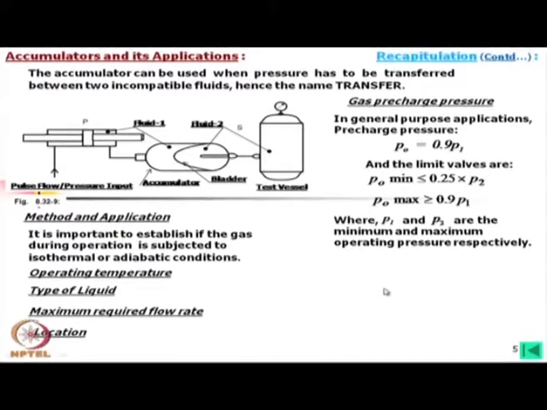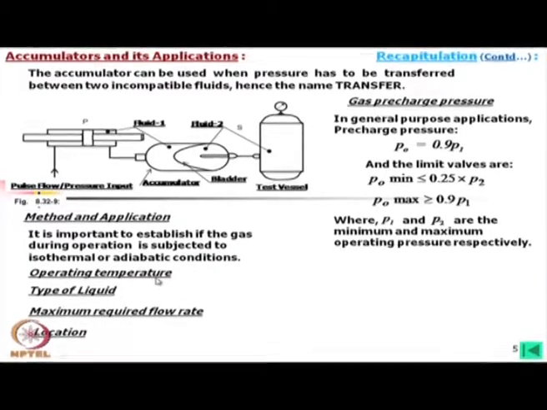Now, for method and application, it is important to establish whether the gas during operation is subjected to isothermal or adiabatic conditions, so we have to look into this. As you know, if the process occurs very quickly, then we can go for isothermal, or otherwise it will be adiabatic or isentropic conditions, and then we have to calculate accordingly.